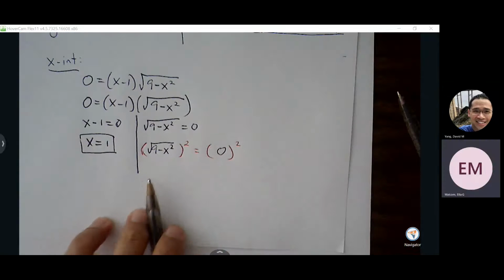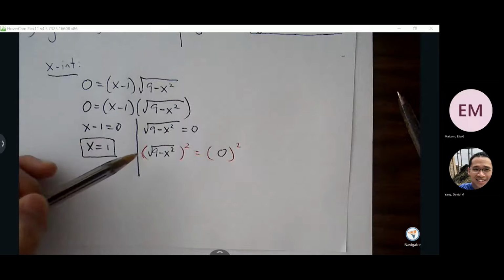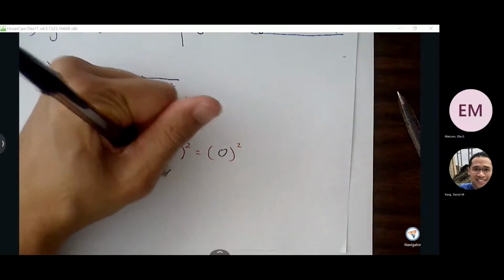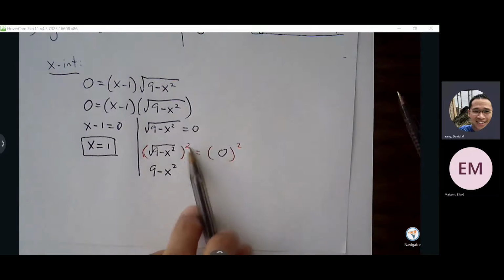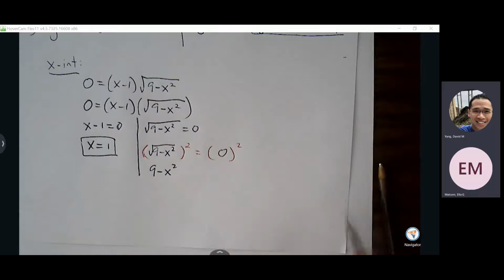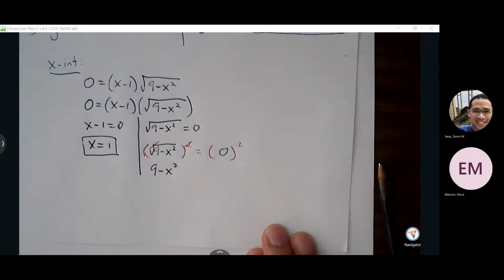That becomes, so that'd be 9 minus x squared. So the squared is not going to touch the squared inside. It's just going to do this. It's just going to take away the square root. Got it.